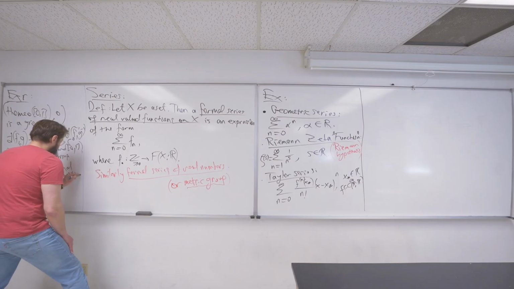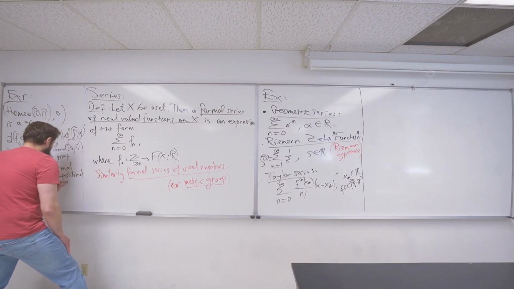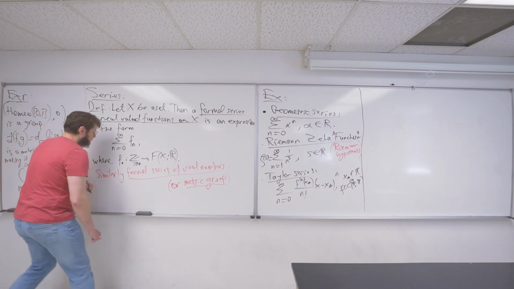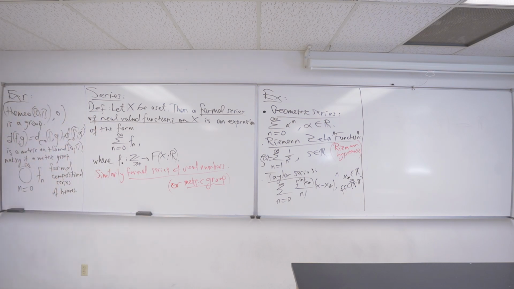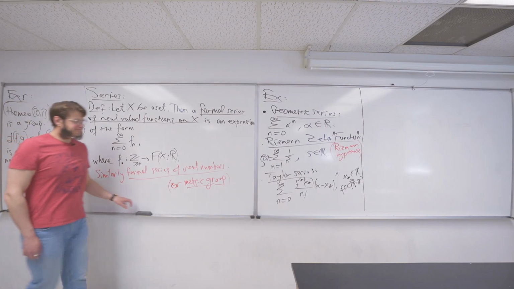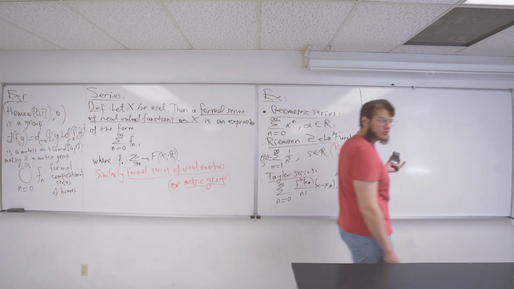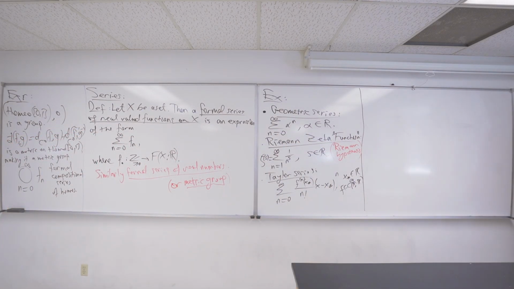Compositional series of homeomorphisms. You can do something like this too. We're not going to deal with this part. These are all in the same direction. Any comments or questions so far? Okay.